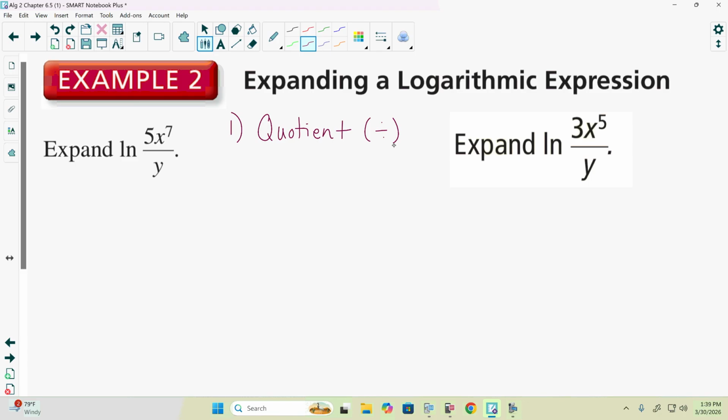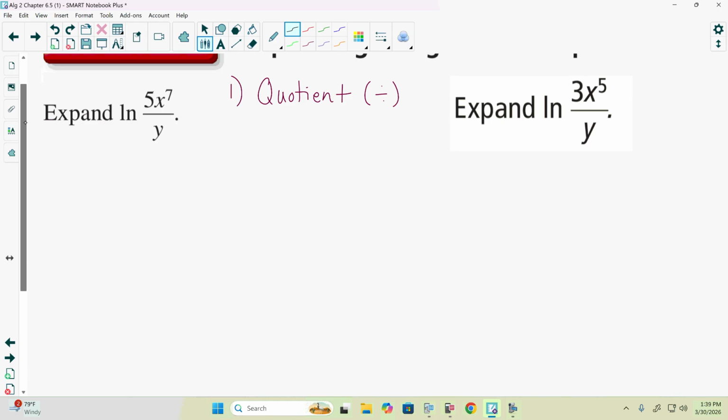So we're going to have the numerator first and the denominator second. When we use this property, we'd have the natural log of 5x to the 7th minus the natural log of the denominator. So we have the natural log of 5x to the 7th minus the natural log of y.